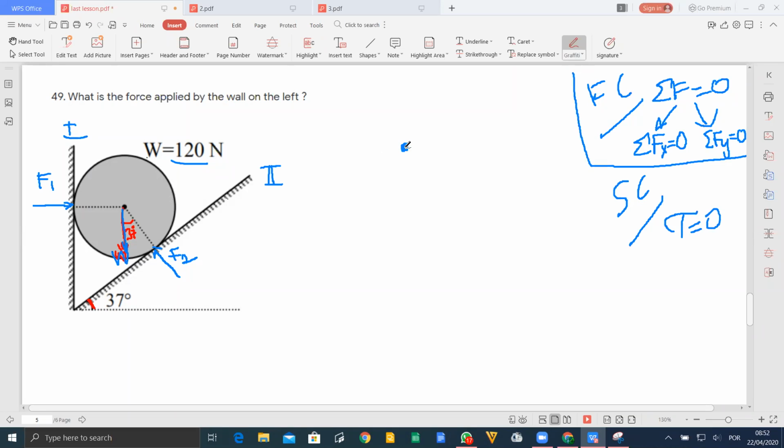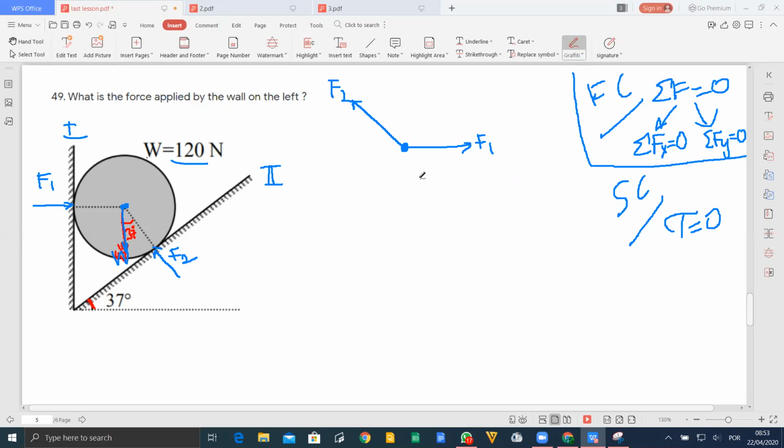So we can draw the free body diagram and the direction, and then we can choose this point as the center of the system, and then we can show the forces. F1 is to the right, and this is F2.